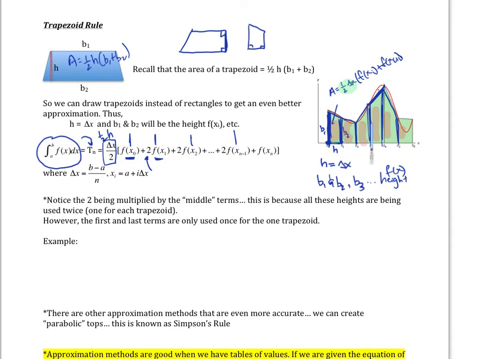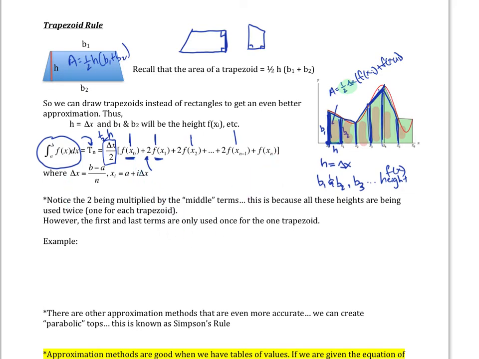Then I'll use base 4 and base 5. So the ones in the middle get used twice because they're part of 2 different trapezoids, whereas the outside ones only get used once.